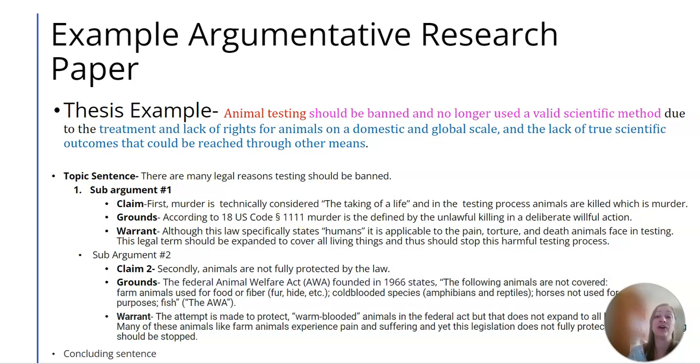You can see how I provided the thesis statement, so you could see the main idea of the whole paper. And then I also gave you the topic sentence so you can see how it relates to the thesis. And then you have your subarguments to see how those subarguments support and prove our topic sentence true.